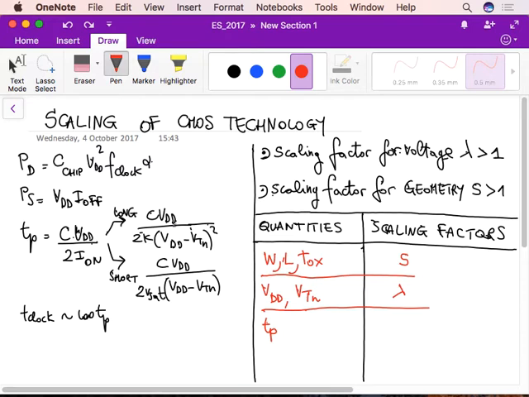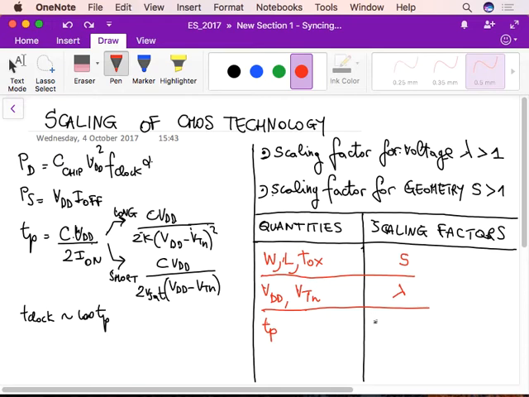For the long transistors, if the voltages are scaled by lambda, then tau p goes like 1 over lambda, because you have the power of 2 in the voltages in the denominator. So it is 1 over lambda for the long.